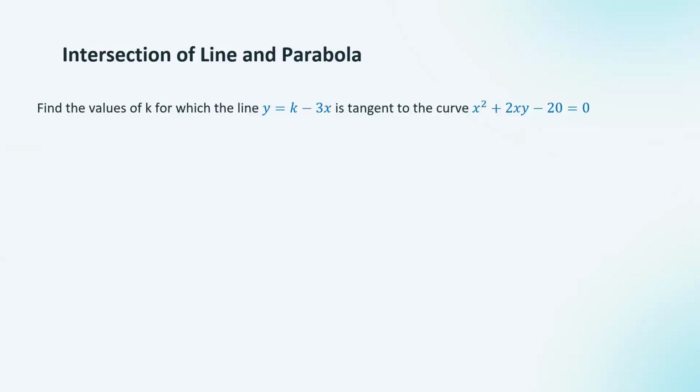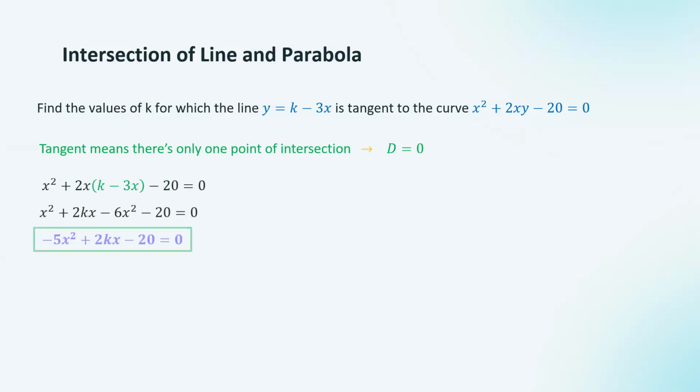Now, this example is going to be a bit different than the previous two because, as you can see, the curve is a bit odd. It's not going to be a simple parabolic function, but this is still a parabola. To solve this, the first step is a bit different because we need to substitute the y. We substitute the y and then simplify it to get ourselves a nice quadratic equation.